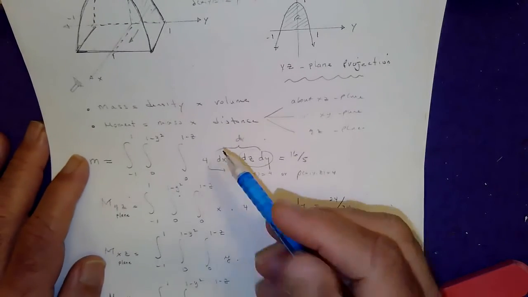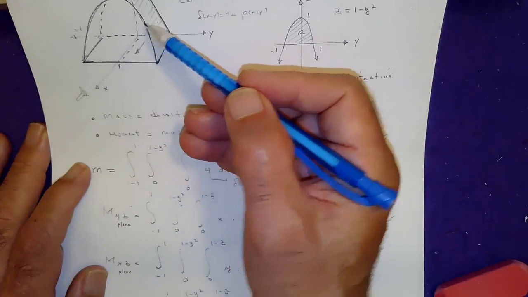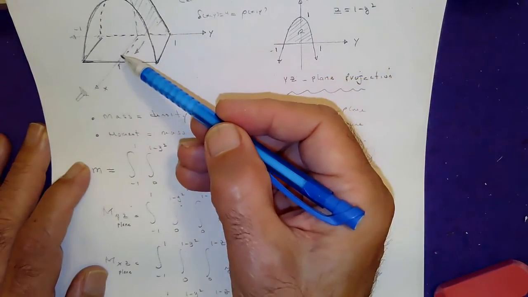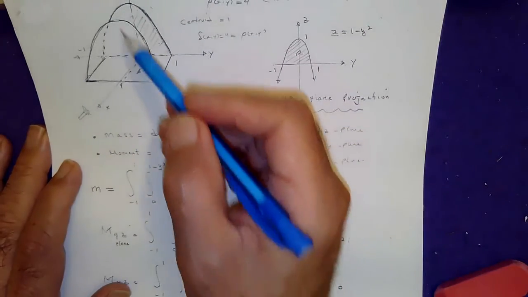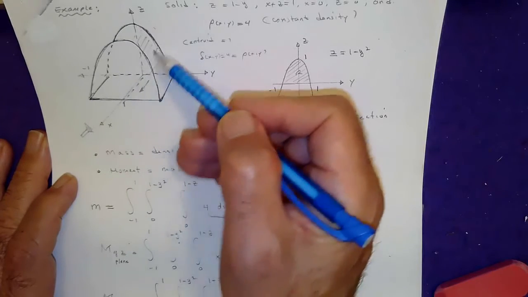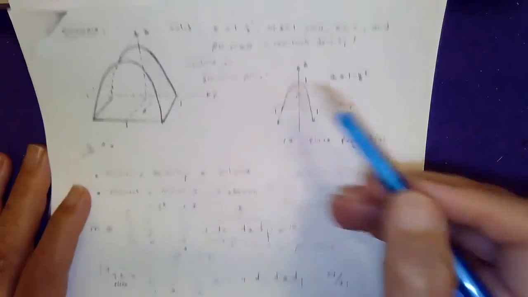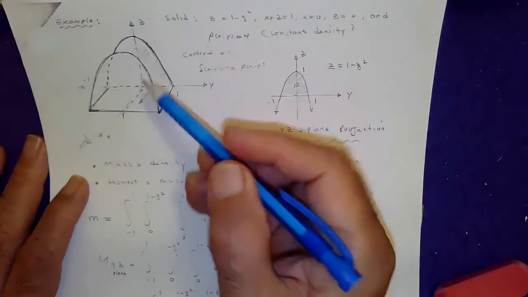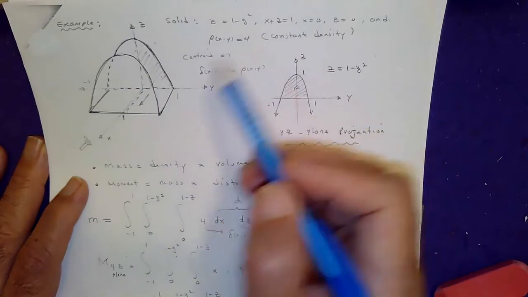So what you do is, x goes from the back all the way to the front, but the front is the plane. The top is the cylindrical surface. The back is the coordinate plane because it says so, but the front is not the cylindrical surface.